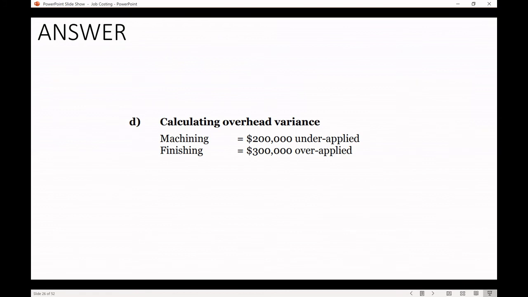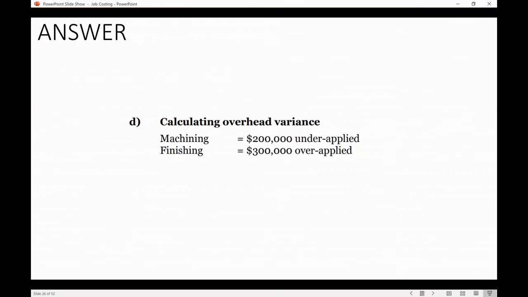So now that we've found the variance for each department, what is the variance for the plant as a whole? That is going to be the combination of both. So the difference between the two departments is what? 100,000. So you're looking at a 200,000 negative figure, because under-applied would be negative, you don't have enough money to pay for it, right?